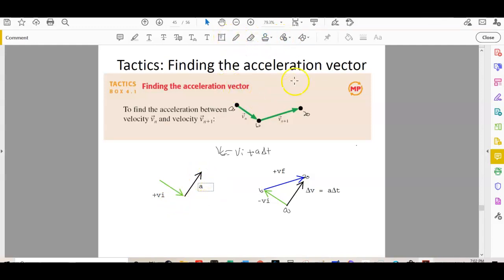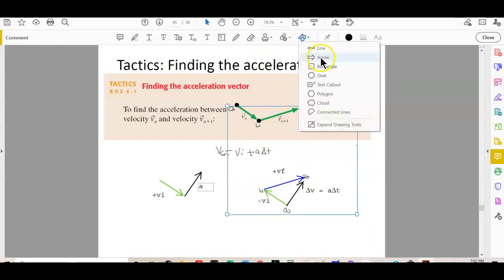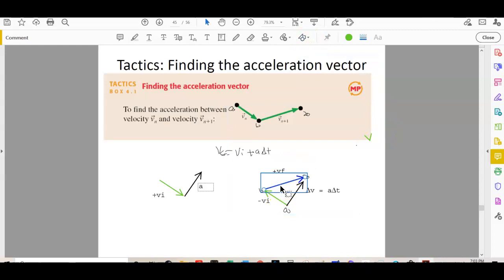And so what you find out is that this final velocity vector should be the resultant vector of this vector addition: the final velocity vector is a resultant of the initial velocity vector and the acceleration vector.